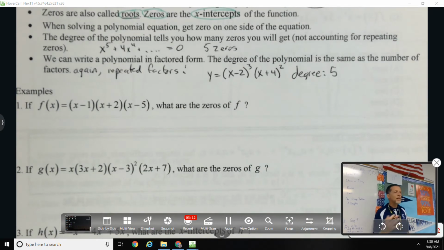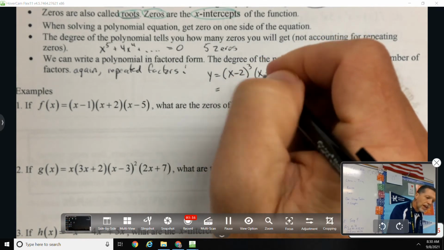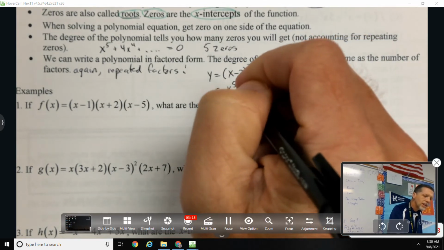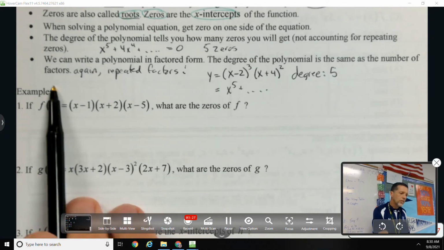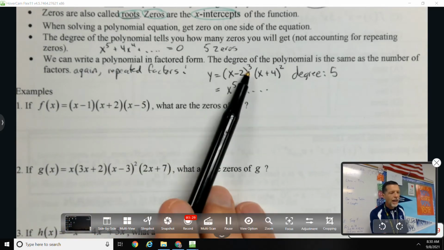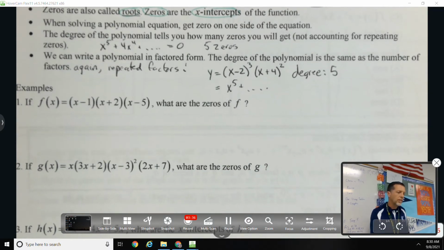If you multiplied it all out, which we would definitely not want to do, but you could see pretty easily that you'd have an x to the 5th. After that, who knows, but it would be a 5th degree polynomial. So the number of factors is the degree, as long as you're considering the power of the factor, or how many repeated factors there are.